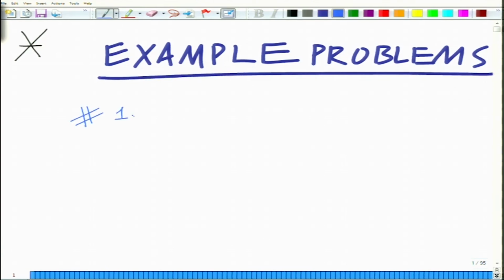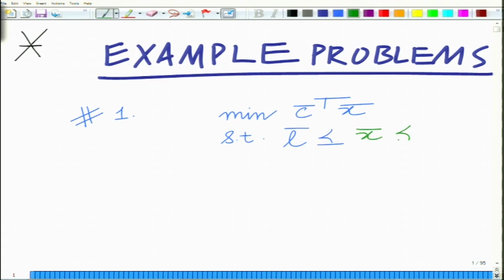Problem number 1. This is a simple problem: minimize c bar transpose x bar, subject to the constraint that a given vector l bar is component wise less than or equal to x bar, which is less than or equal to another vector u bar.